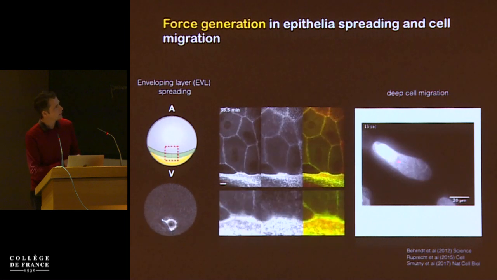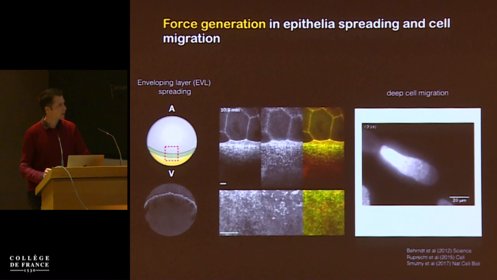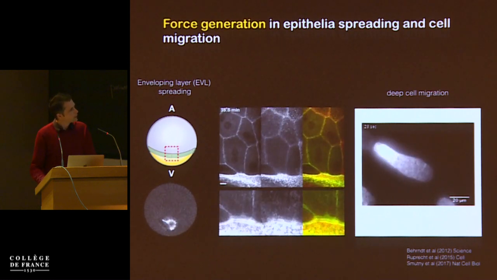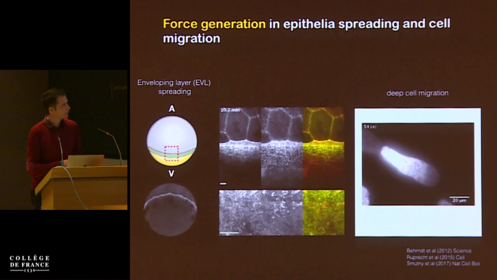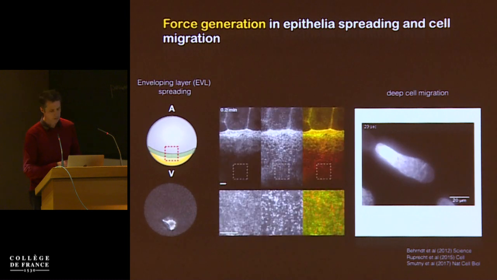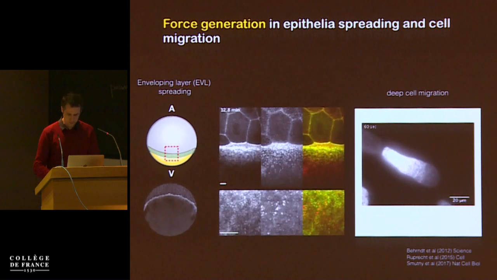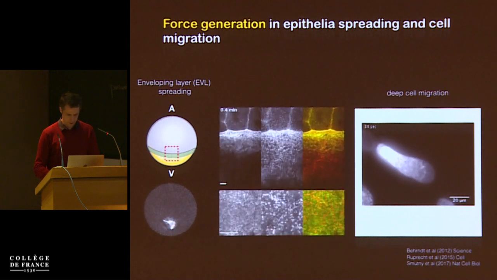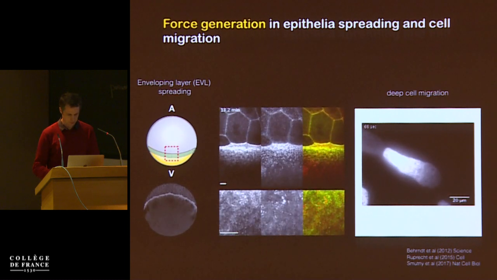You can see actin here. These flows are again at a scale of 20 to 30 micrometers per minute, and that really propels these cells forward, and they are forming this interesting stable bleb-like structure in the front. Okay, this is what we did on force generation, and particularly the function of actomyosin flows in force generation.